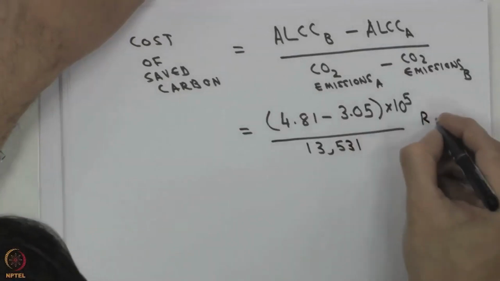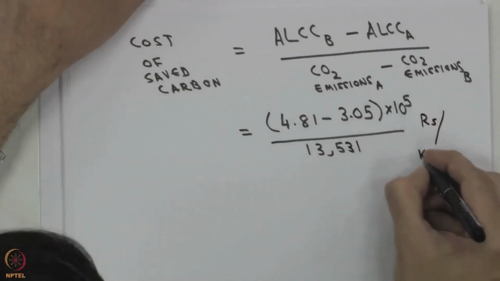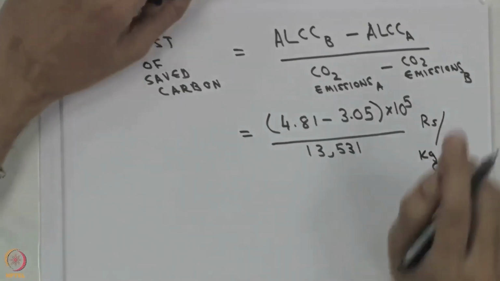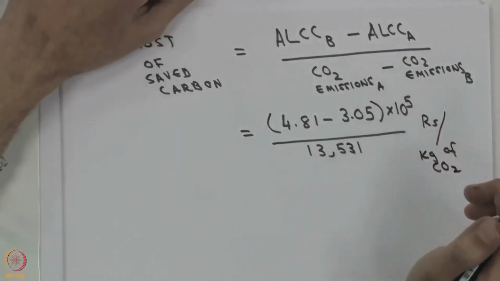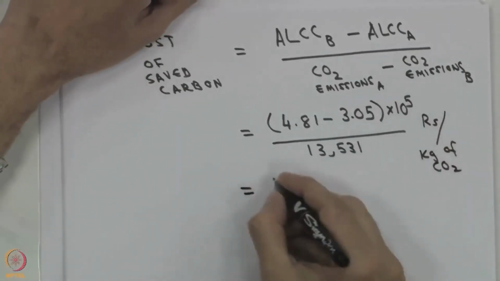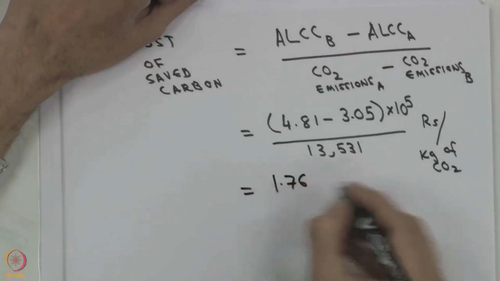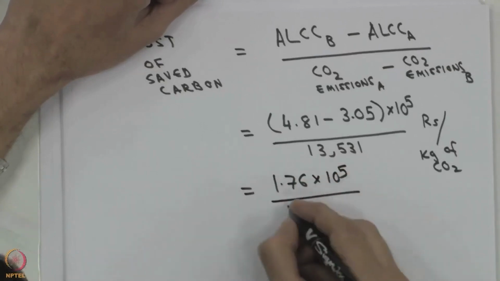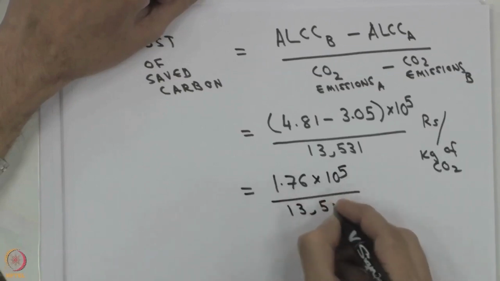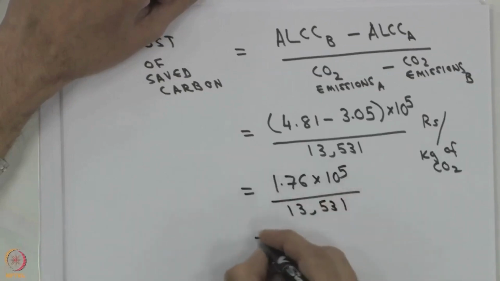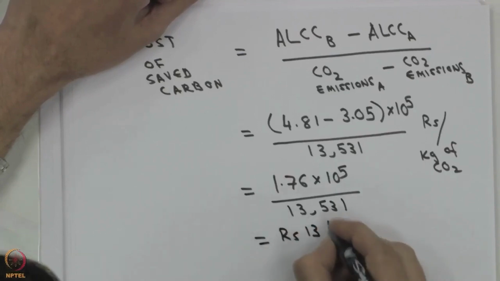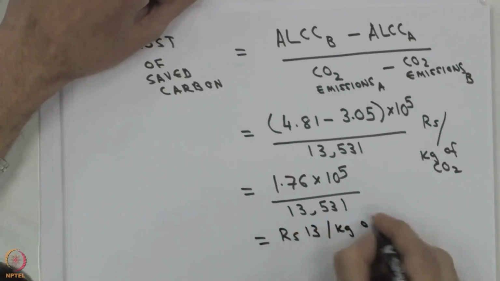This is rupees per kg of CO2 saved. That is why it is called the cost of saved carbon. If you see this, this comes out to be 1.76 lakhs incremental divided by 13,531, and that comes to rupees 13 per kg of CO2.